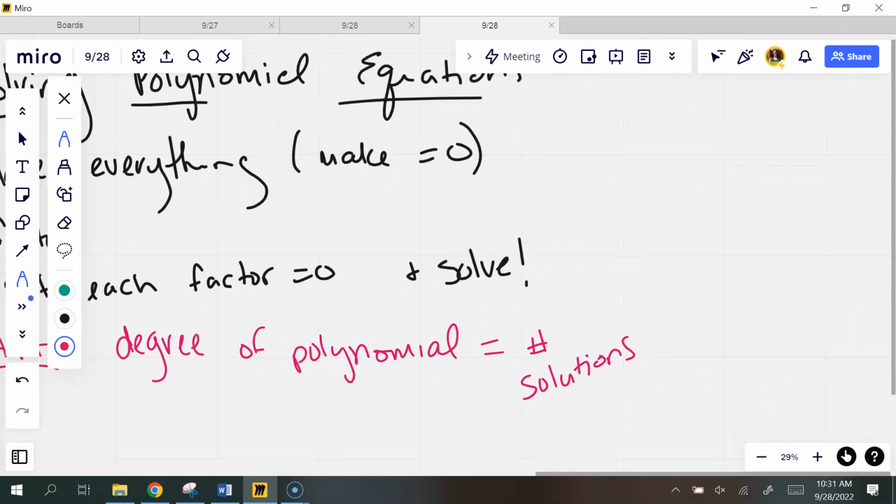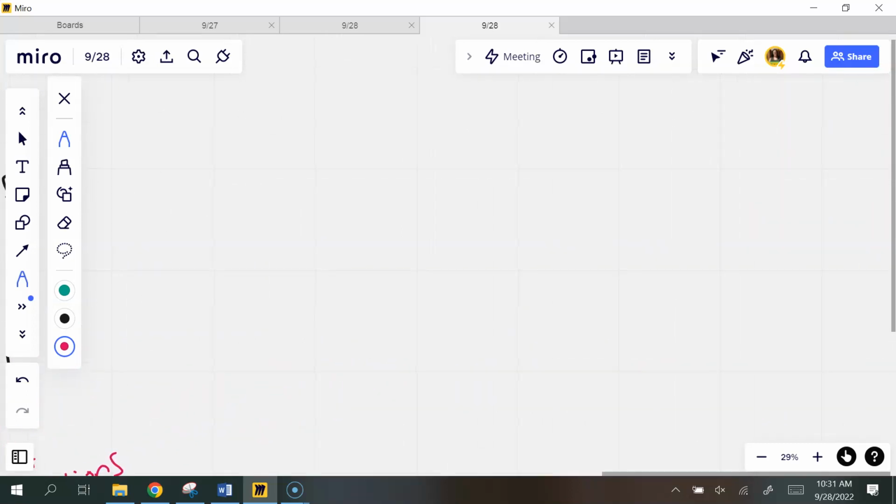Let's do an example. Alright, so this one already equals 0, right?